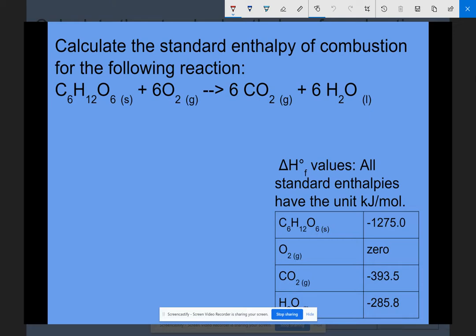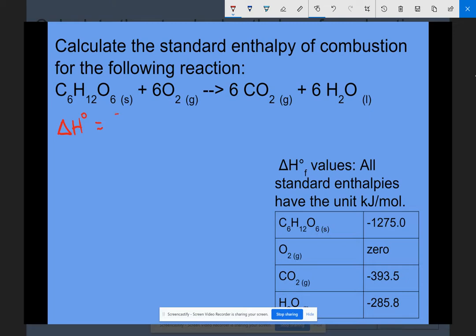So let's go through here and solve for this one since we have all the pieces. The delta H, and that's just the formation of it for the reaction, is equal to the products minus the reactants.